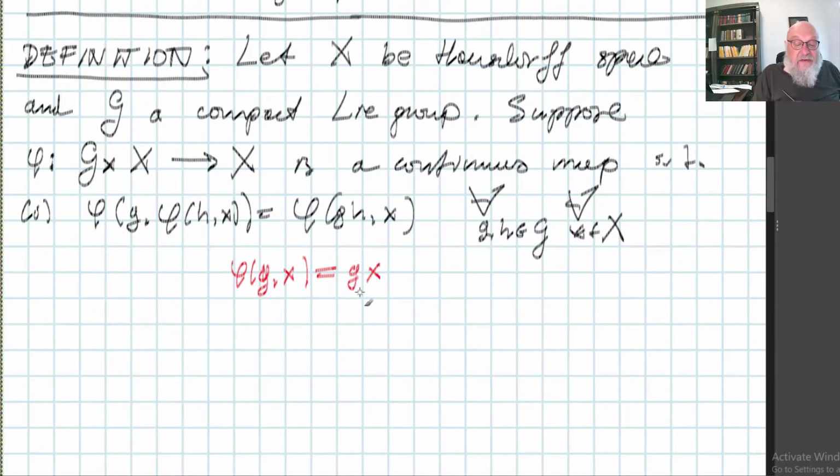In such a case, this property can be simplified: it simply means that g acts on h acting on x is the same as gh acting on x. It's much simpler, easier to read. So the action means that you have this property of superposition.